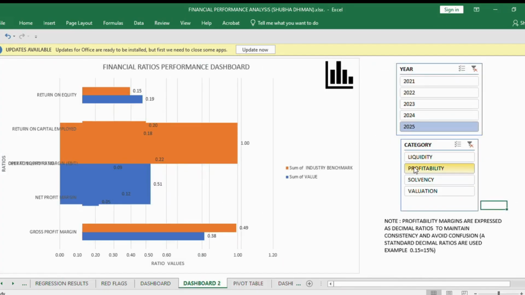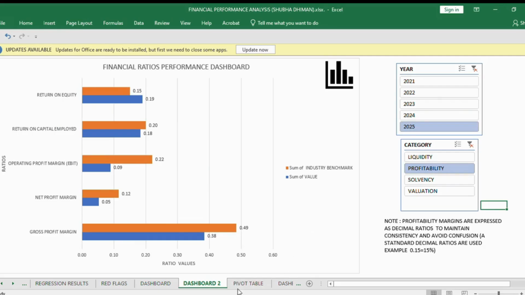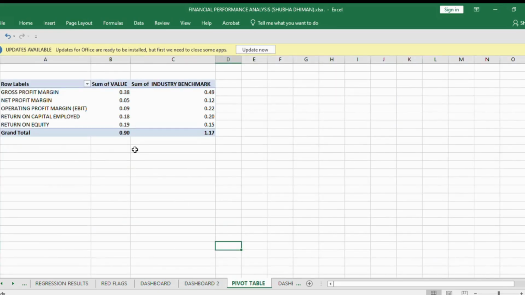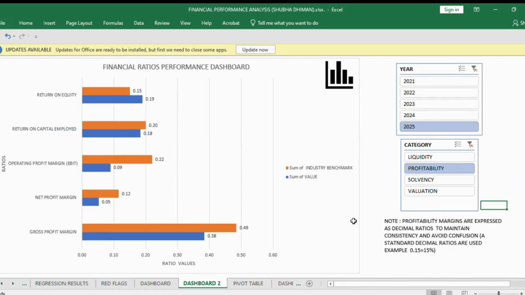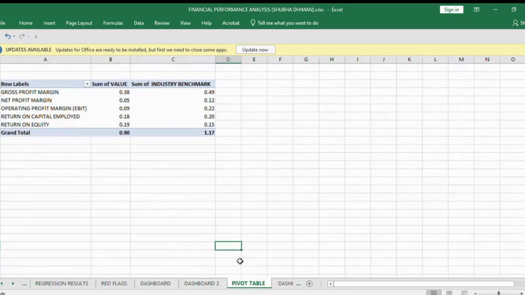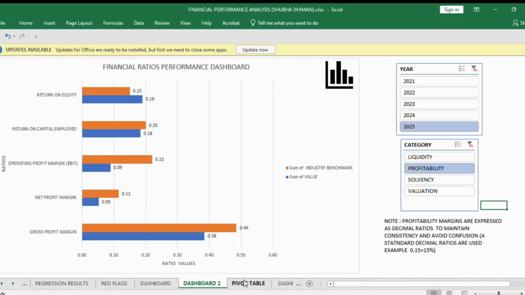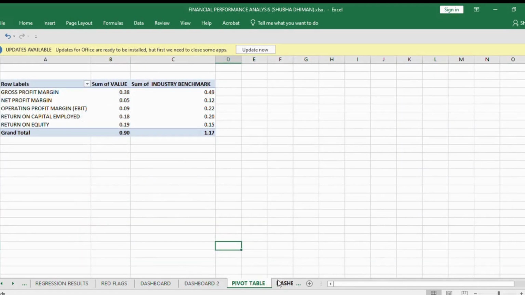If I go to profitability, the year remains the same. Let's move to the pivot table, and we will see that there are now all the profitability ratios, which were earlier solvency, as I have selected profitability in the dashboard. So the dashboard and pivot table change side by side.